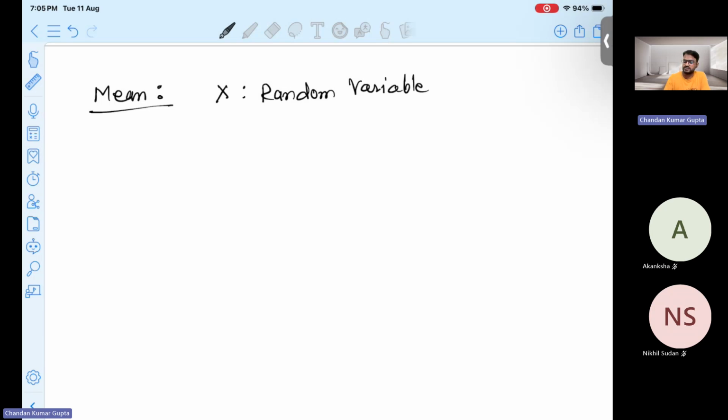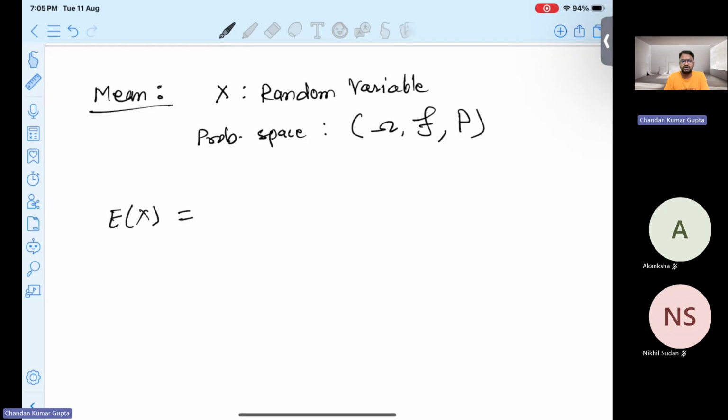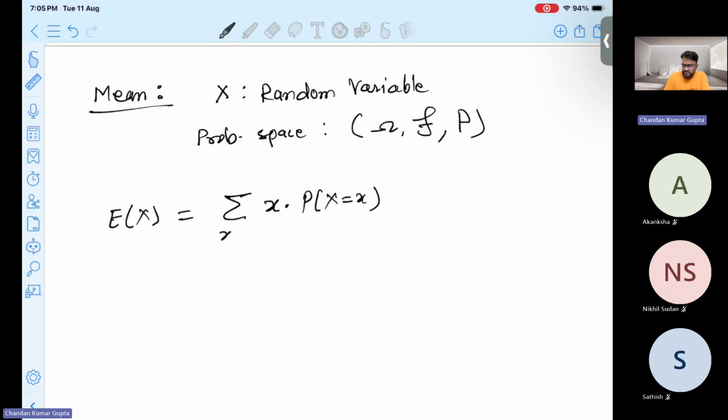Suppose X is a random variable over a probability space (Omega, F, P). Then in case X is discrete, the expectation of X, also called the arithmetic mean or first order moment, can be defined as the summation of x times the probability that X equals x.